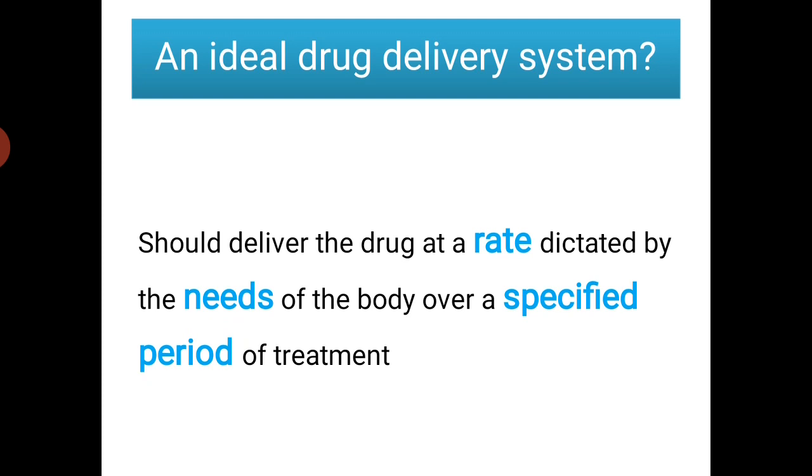So this ideal drug delivery system must deliver the drug at a particular rate. It should not release the entire drug molecule in a single period of time. If you assume a normal tablet, a paracetamol tablet, it disintegrates after 1 or 2 minutes. If it disintegrates, the entire drug is released out of the drug delivery system.